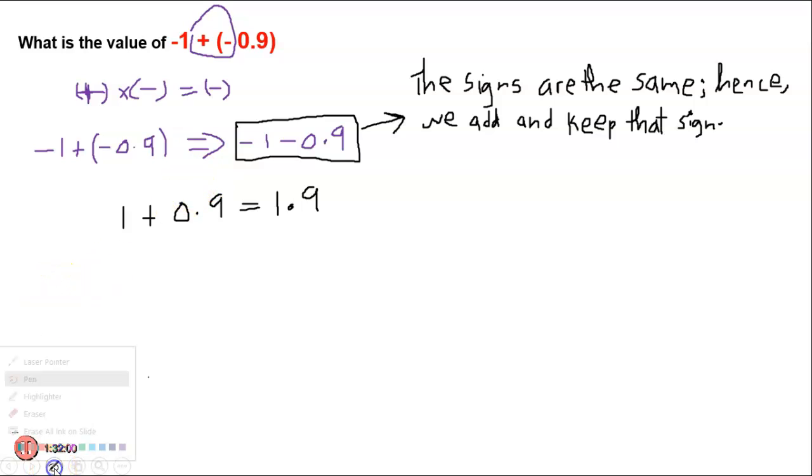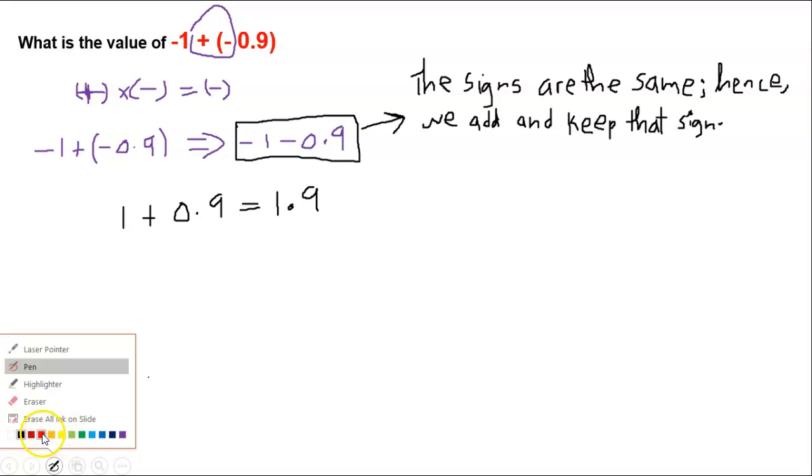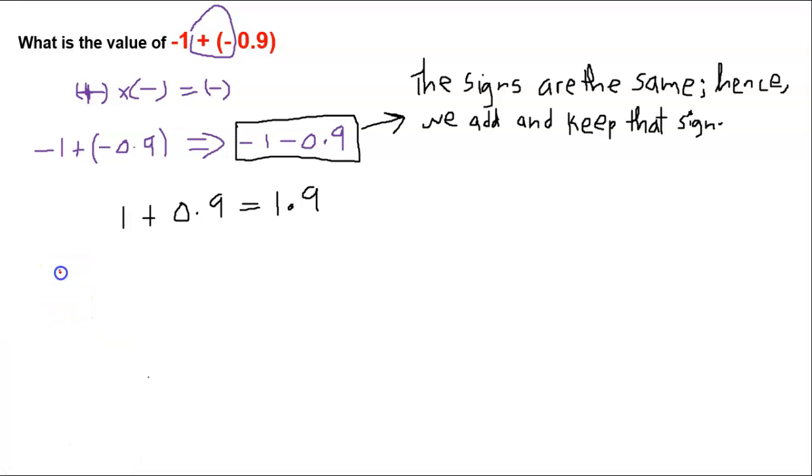So therefore, let me get a different color ink. Therefore, -1 plus, let me put it in the original form, -1 plus -0.9 equals -1.9.